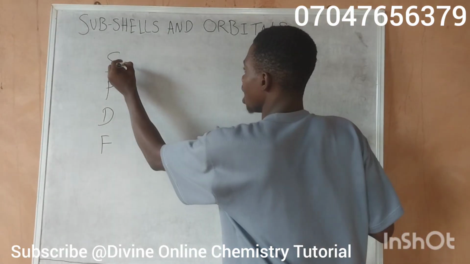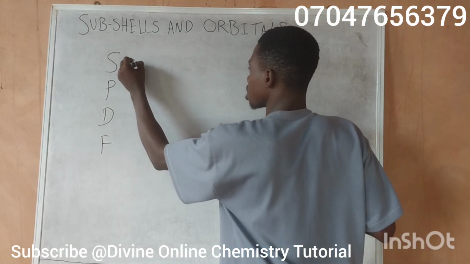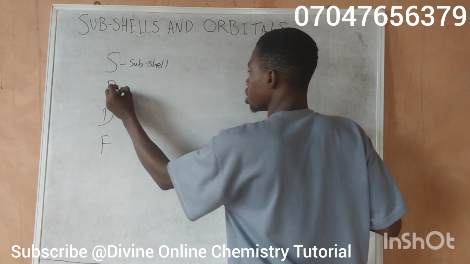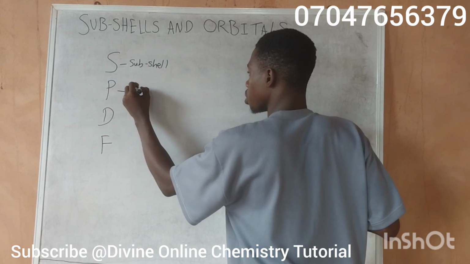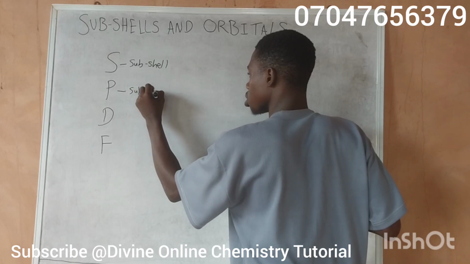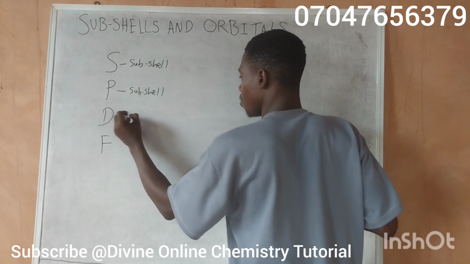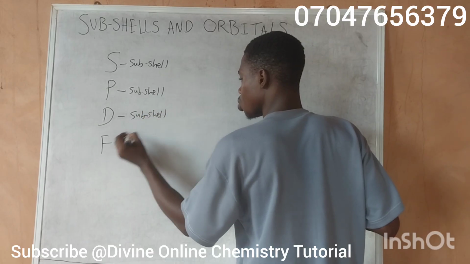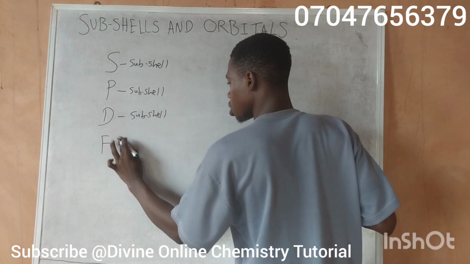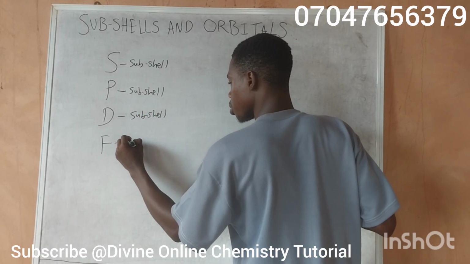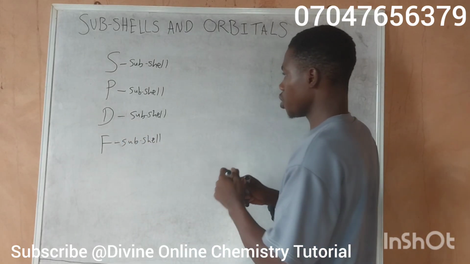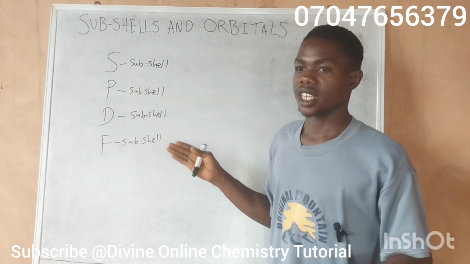This is the S subshell, this is the P subshell, then we have the D subshell, and then the F subshell. So these are the various subshells that we have in chemistry.